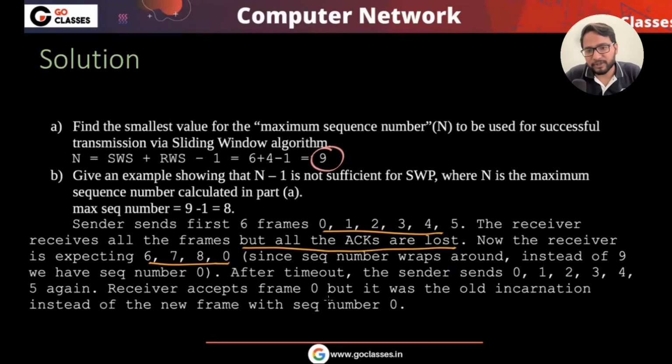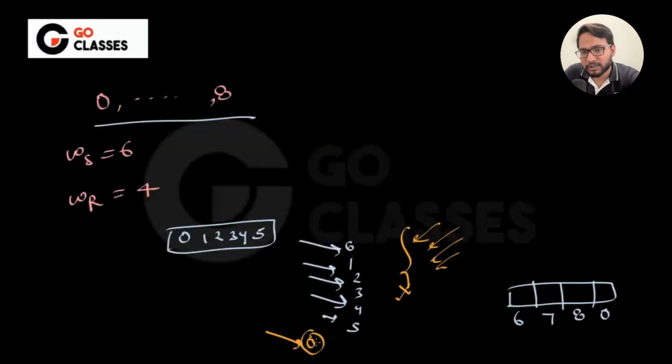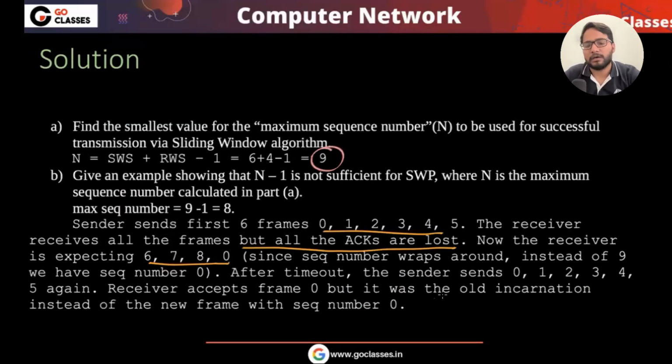The receiver accepts this frame 0, but it was the old incarnation instead of the new frame with sequence number 0. So basically they are saying if you are sending this 0, the receiver will by mistake accept it. Understood this example? They are also saying the same thing that we are saying from the explanation of this particular topic.